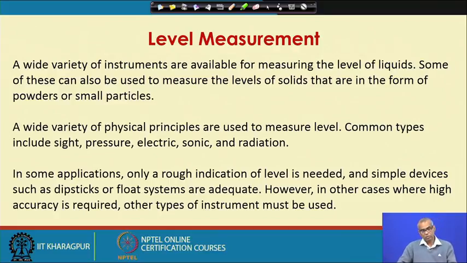In some applications, only a rough indication of level is needed, and simple devices such as dipsticks or float systems are adequate. However, in other cases where high accuracy is required, other types of instruments must be used.